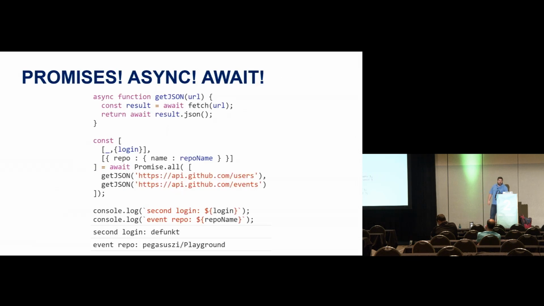And so I'm using that here in this crazy code where I have a wrapped fetch, and I'm just assuming I'm always going to get JSON back. So I have an async function called getJSON. I await the fetch, and then I return await result.json. Actually, the await is not necessary there, but I haven't updated the slide.